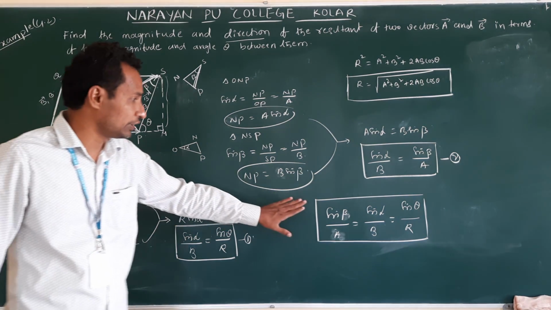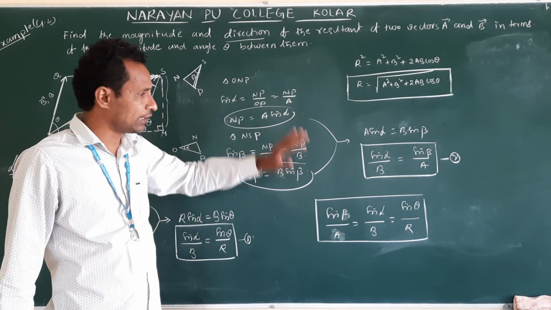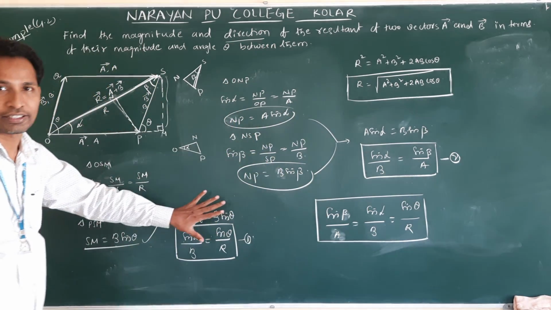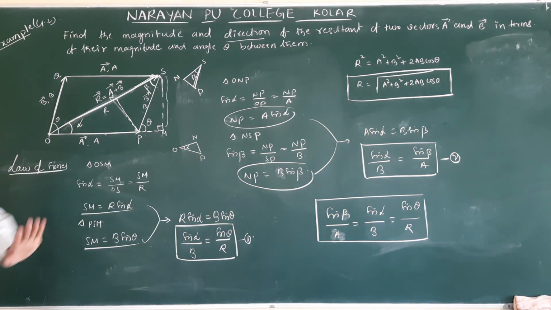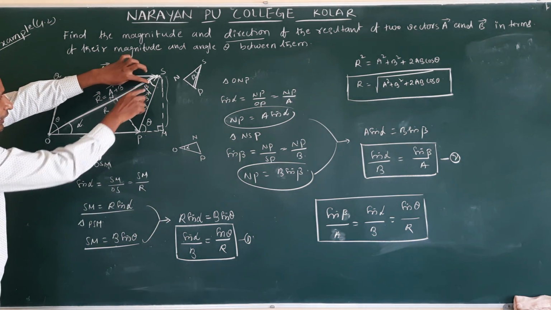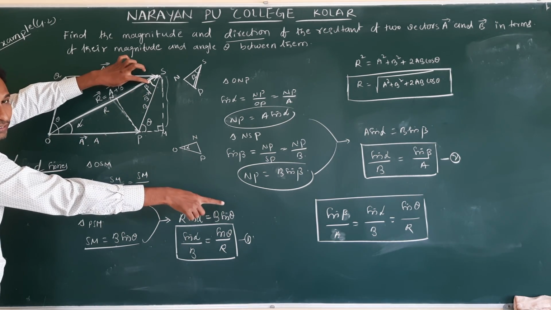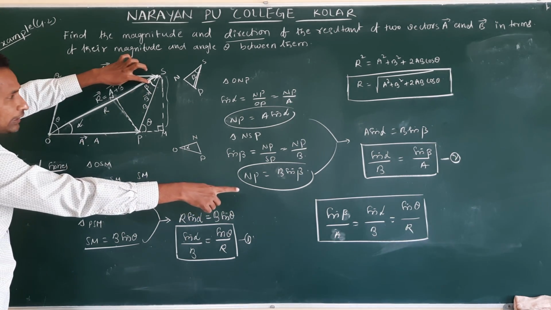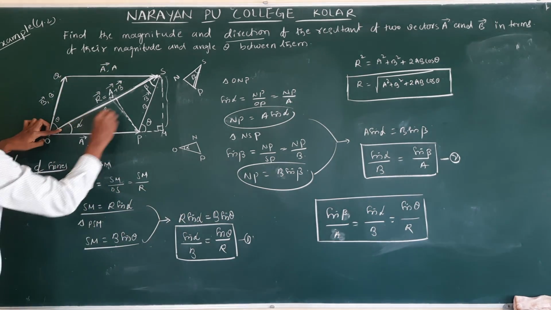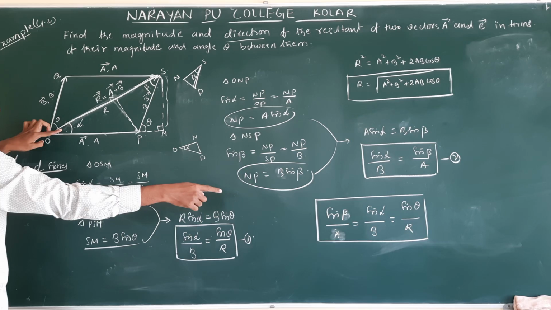This helps in problems. The proof is not required, but the previous proof is very, very important. To understand, I explain everything. See, very simple. Beta: the opposite side for beta is A, so sin beta by A. Next, sin alpha by B, since B is opposite to alpha.